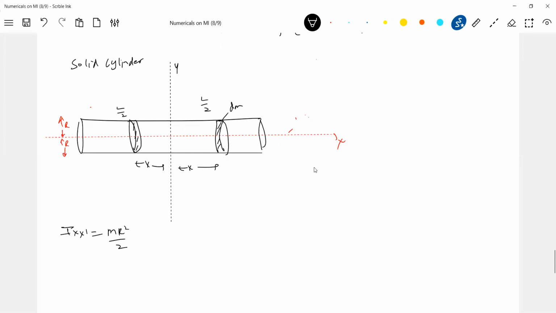It's a cylinder. How do you define volume density? Rho, density, is equal to mass by volume. Volume is how much?